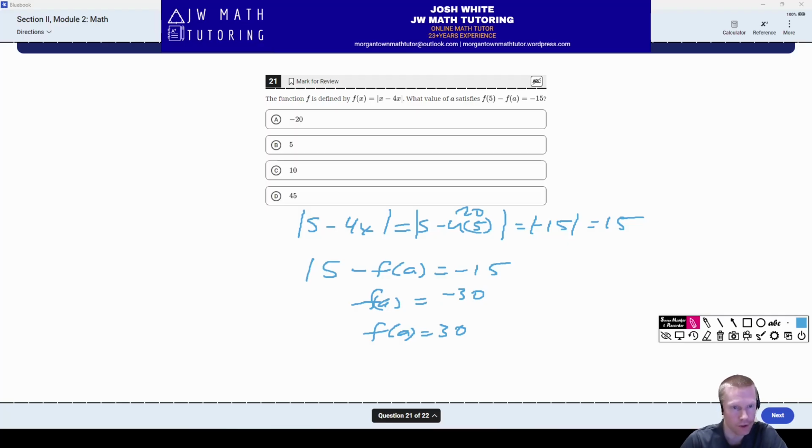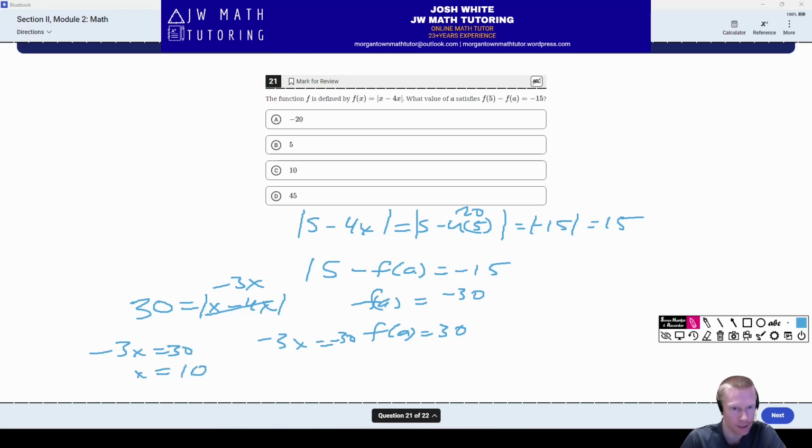Okay, so what you really have is 30 is equal to the absolute value of x minus 4x. Now notice this can actually just be simplified to negative 3x. And then from here, you could technically set up the two equations. You could say negative 3x equals 30, or you could say negative 3x equals negative 30.